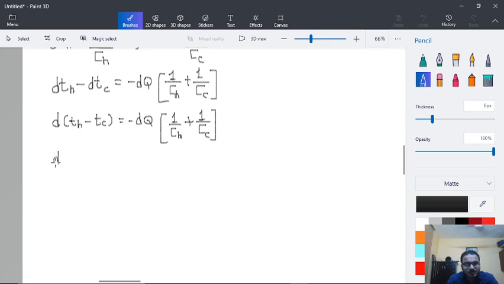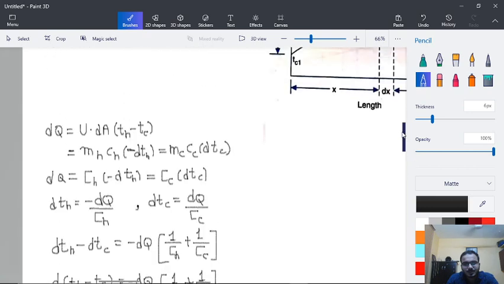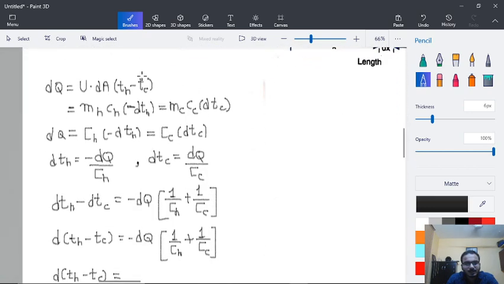So here d(TH minus TC) is equal to, instead of dq we can write down this formula, U dA (TH minus TC).